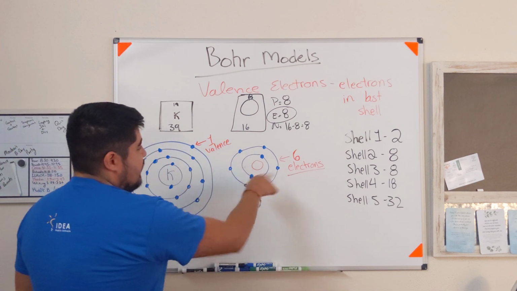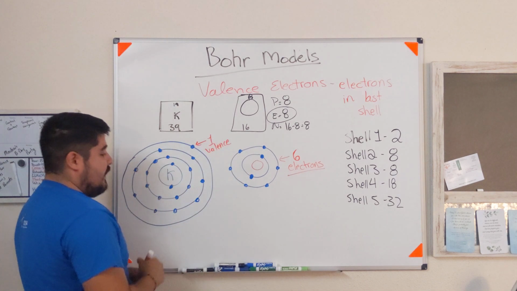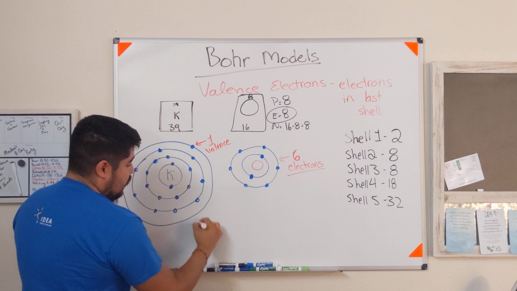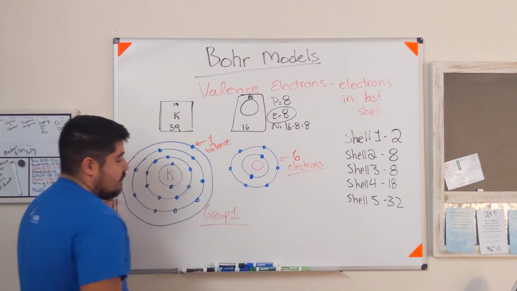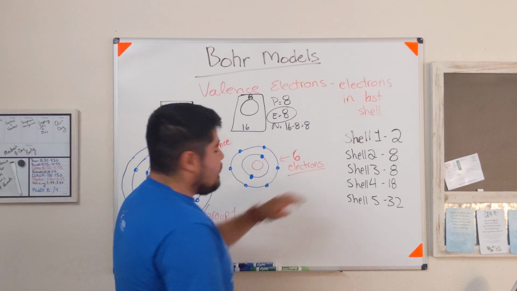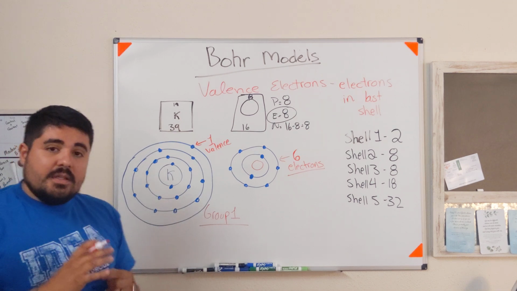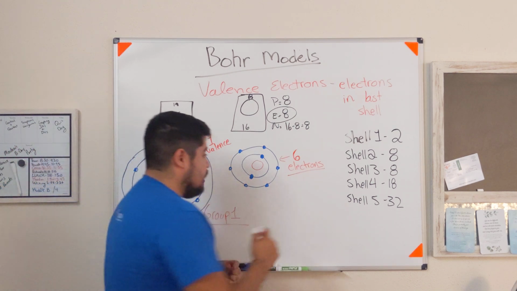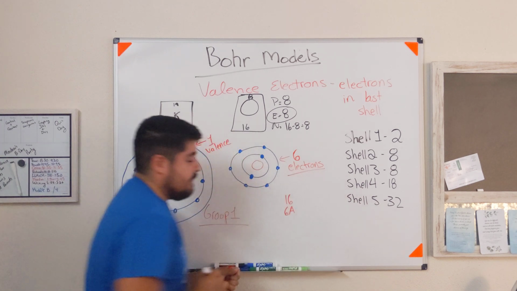So we have these valence here. This is 1 valence, so by rule this is in group 1 of our periodic table, because it has 1 valence. And this is 6 valence, so what do I do for this one? Remember, you look at that 6A number, the little 16 group, and it says 6A.